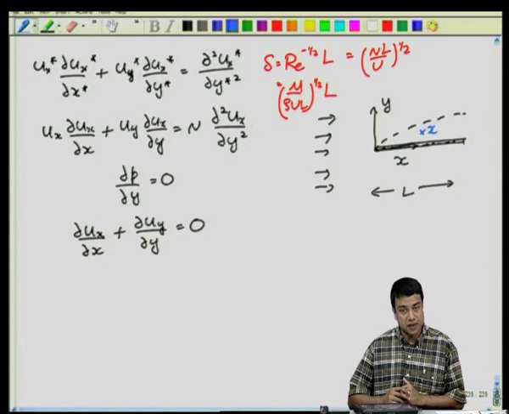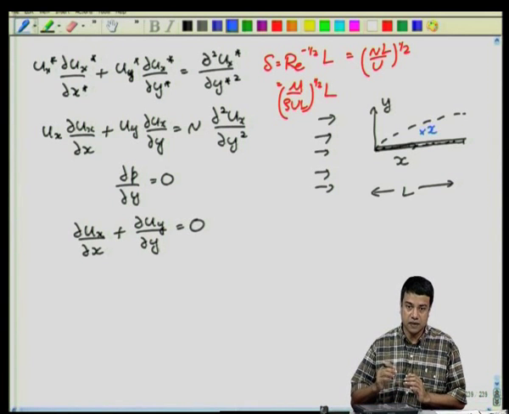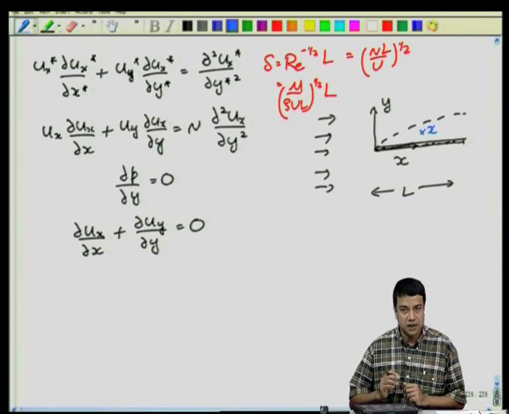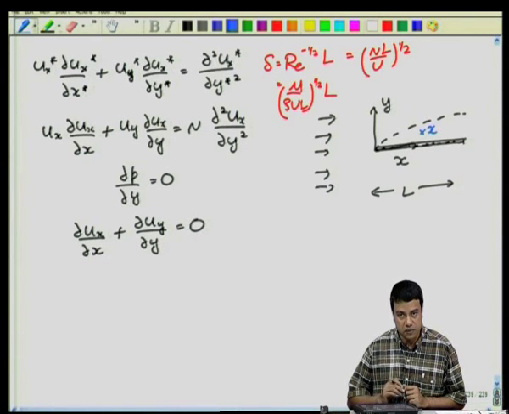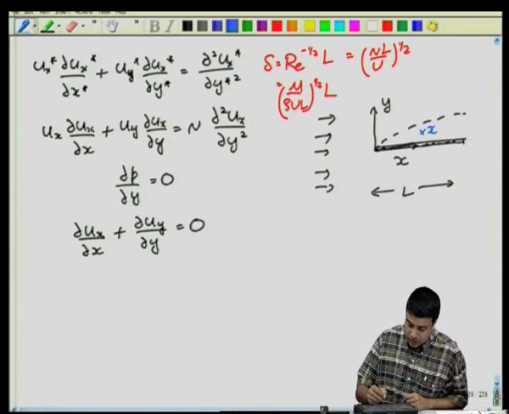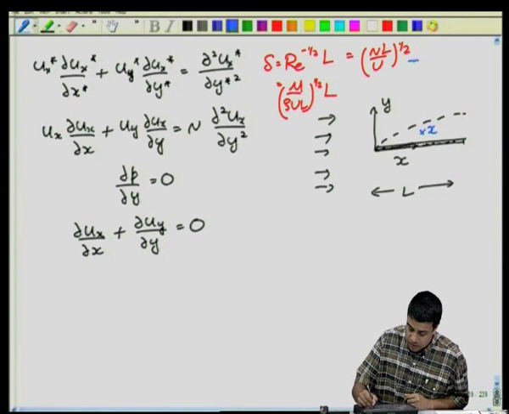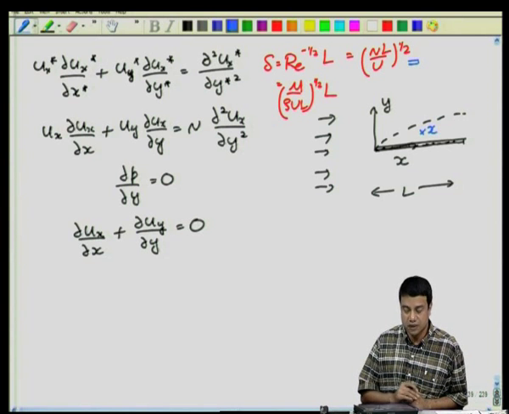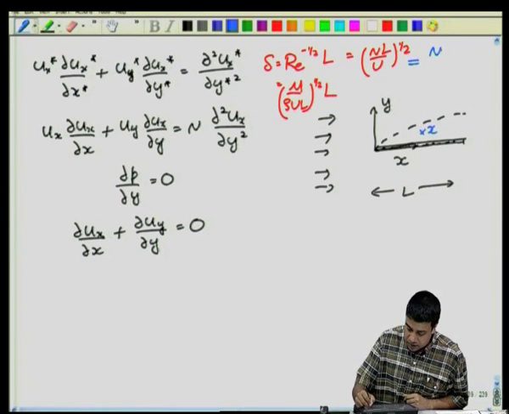Therefore, the boundary layer thickness at a given location x cannot depend upon the total length L. The boundary layer thickness can only depend upon the location x. The only way to write that is nu x by u to the power half.